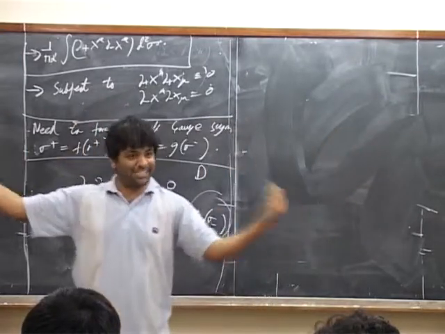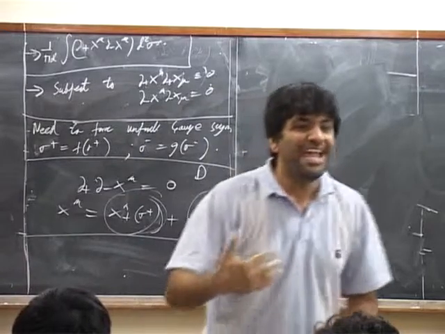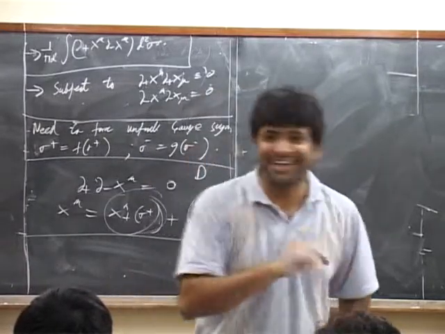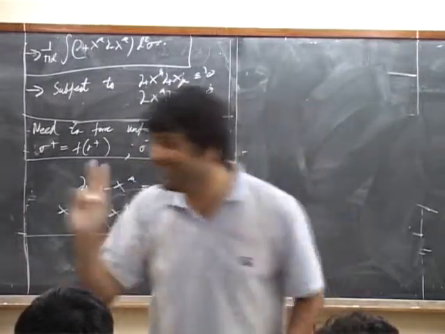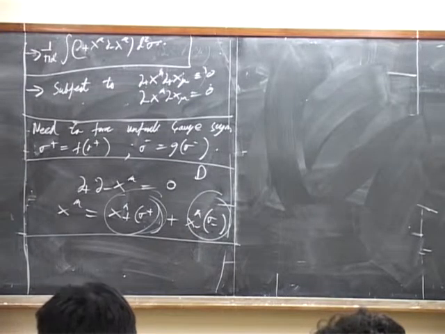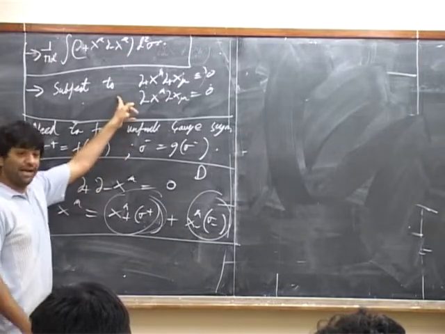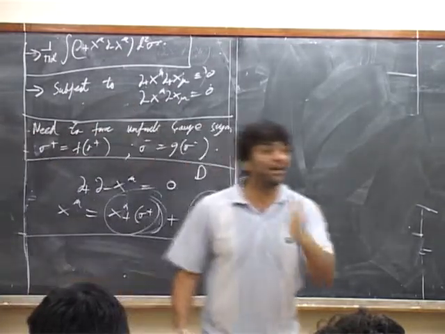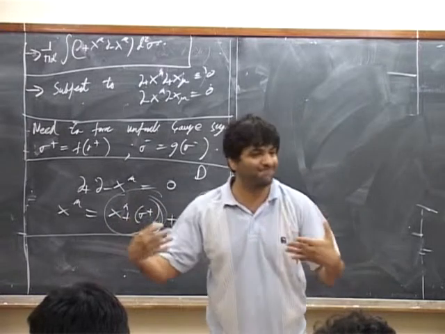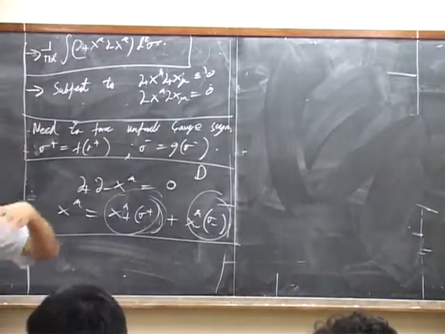So the space of classical solutions of this problem is d minus 2 functions of x plus and d minus 2 functions of x minus. If we'd forgotten about this redundancy, we would have got d minus 1 and d minus 1, which would be totally wrong. So it's a very important thing, as you will soon see.